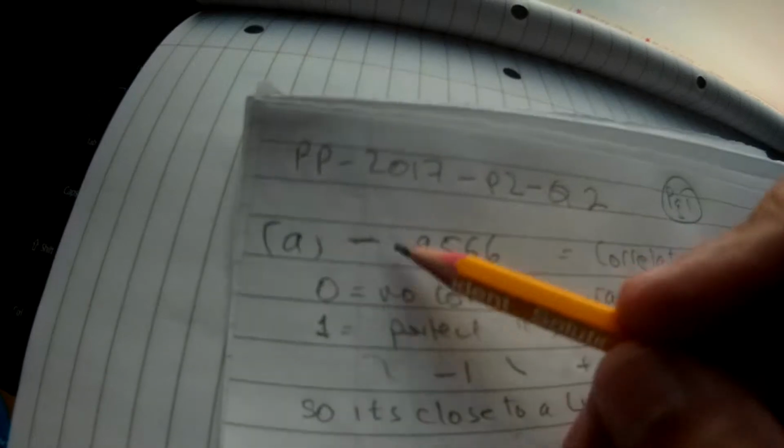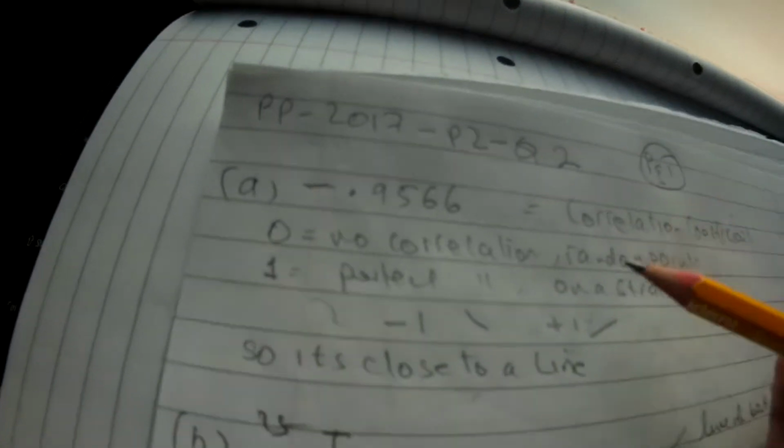It also plotted it here, but ultimately they gave us a graph to do that. So the correlation coefficient worked out as minus 0.9566 by my reckoning.